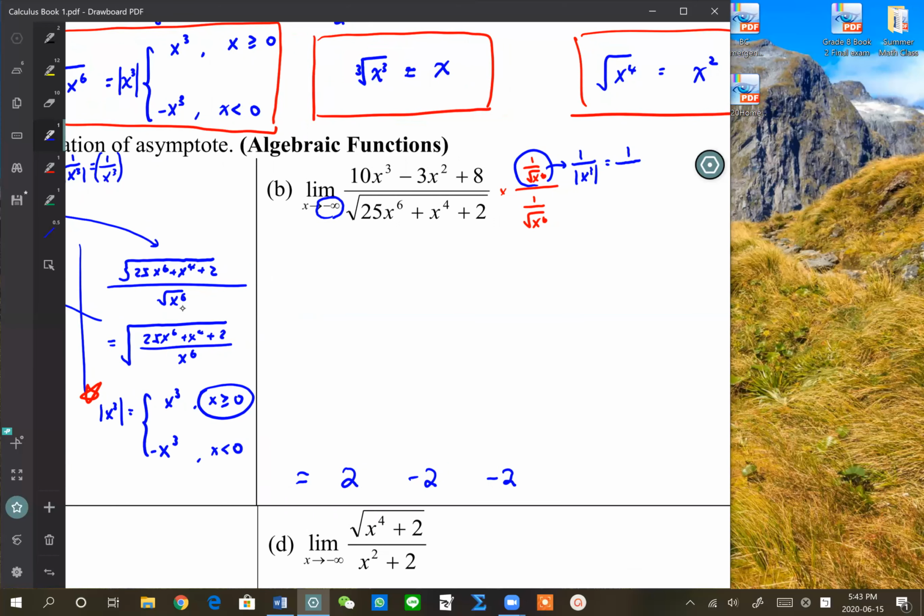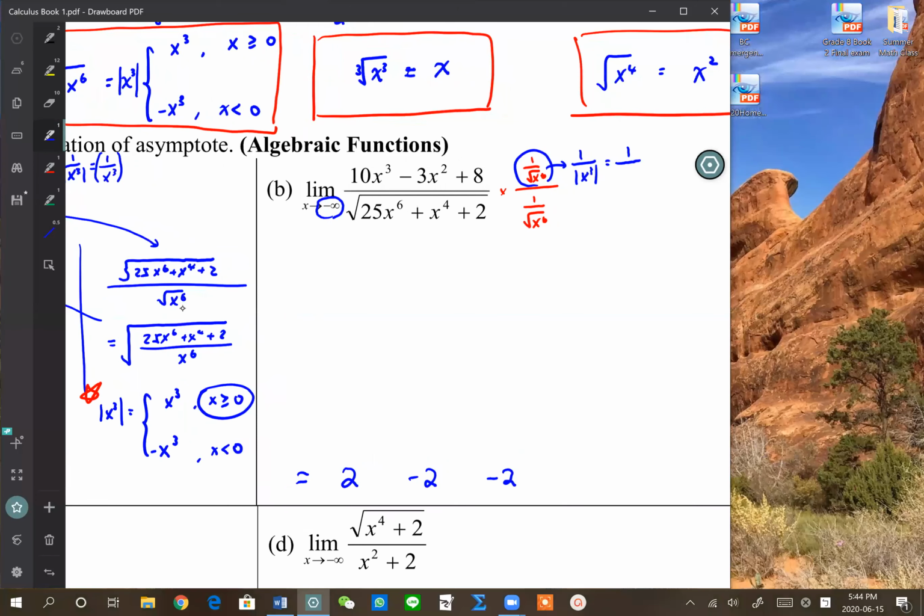Right now, do you see the fraction I'm writing? 1 over, right? What should go underneath? 1 over what? X to the 3. Just 1 over 3.